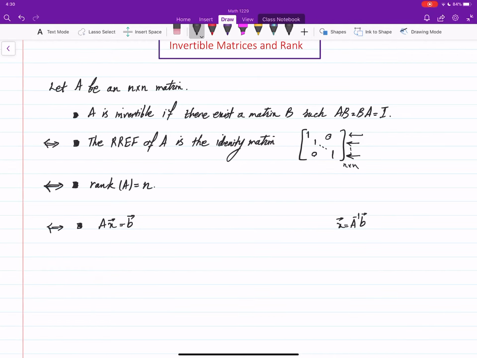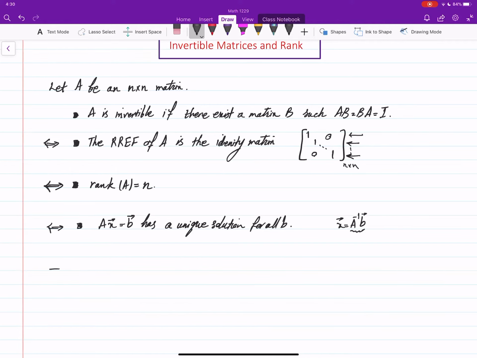So this has a unique solution no matter what B is, for all B. So every B you give me, I will find A inverse, multiply that to B from the left. That will give us the solution of the system.